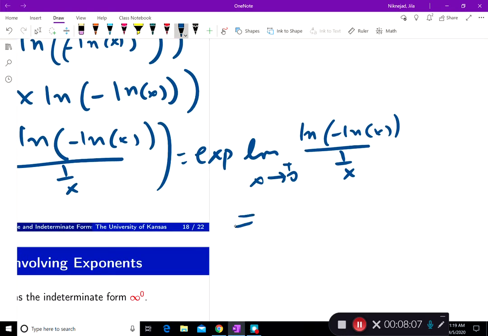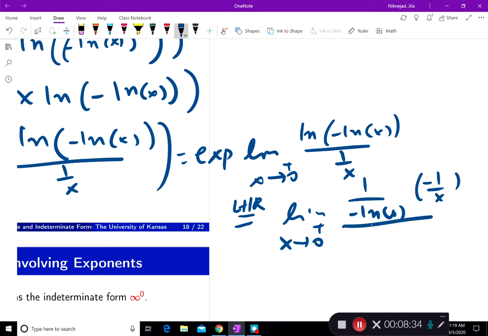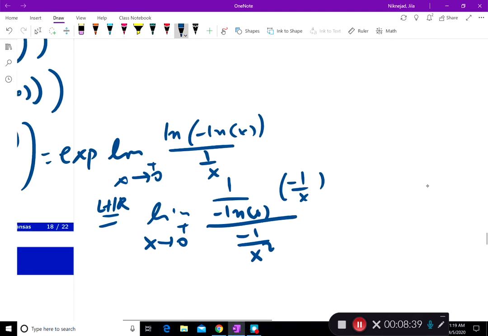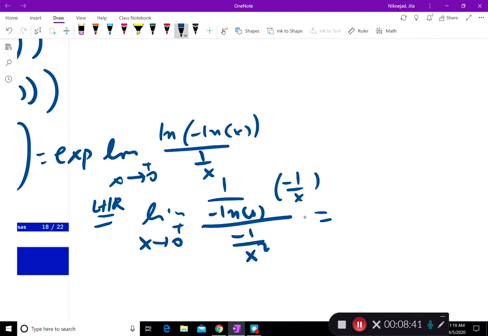It's time to do L'Hopital's rule, and we end up with 1 over negative natural log of x times the derivative of inside, which is negative 1 over x, divided by 1 over x squared. Without the limit it is not correct, so let's write the limit.